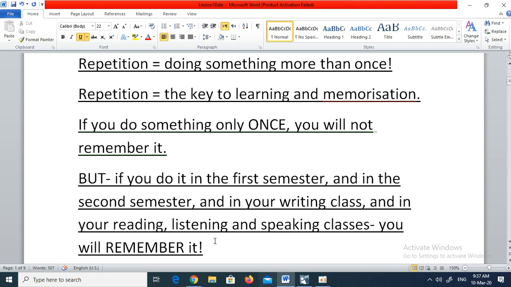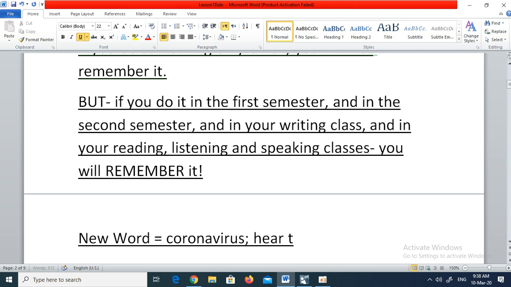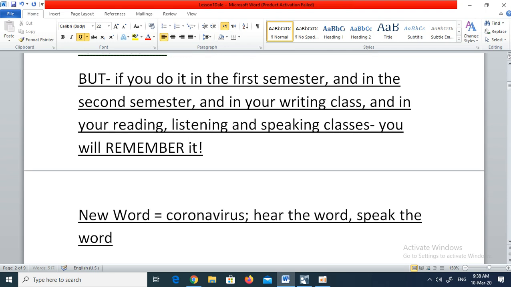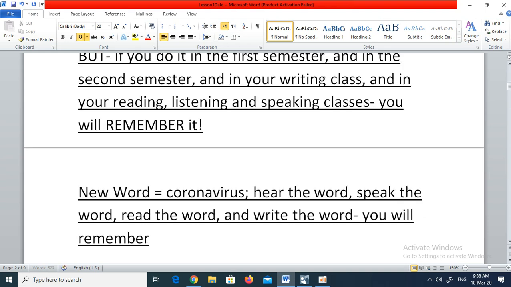So if you have a new word, and your new word for today is something topical like coronavirus, if you hear the word, speak the word, read the word, and write the word, you will remember it.